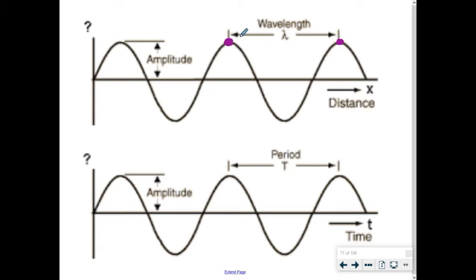That distance, which we would measure in meters, chances are, though we can measure it in centimeters or micrometers, we call a wavelength. And the symbol for that is this funny looking Greek symbol called lambda.